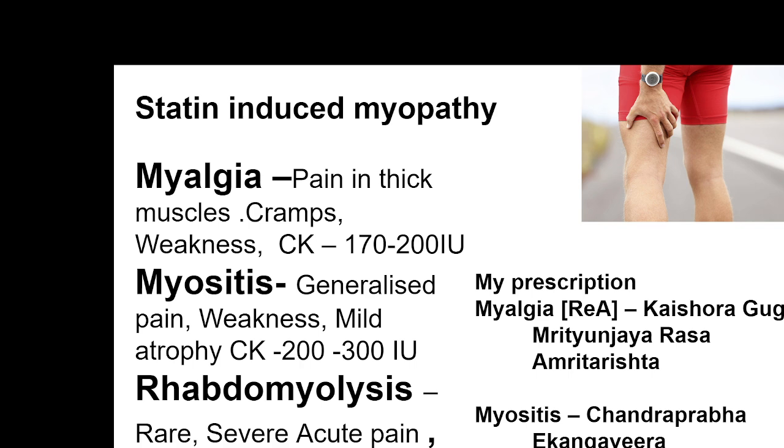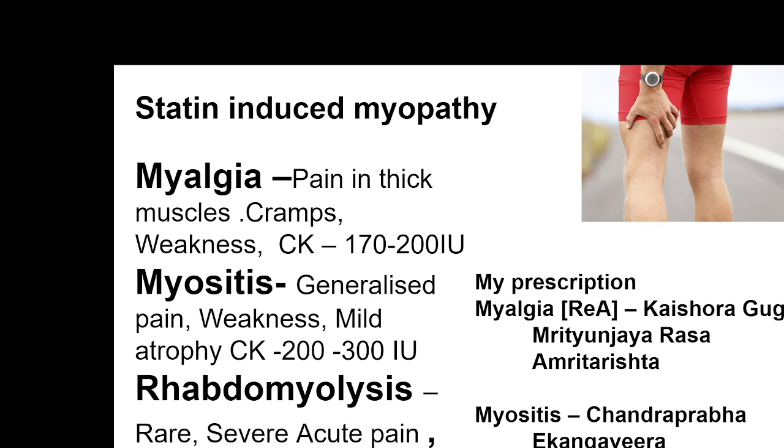That advanced condition of rhabdomyolysis, where there could be damage to the muscle, necrosis of the muscles, muscle tissue being dissolved, would be comparatively less common, whereas the myalgia and myositis produced due to the statin pathology is much more common than what these texts would say.